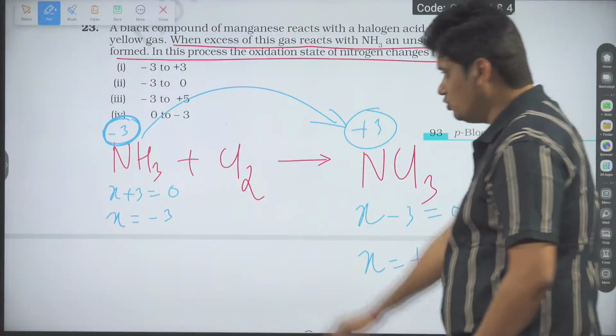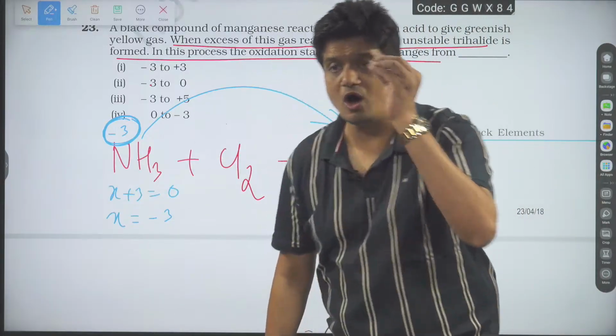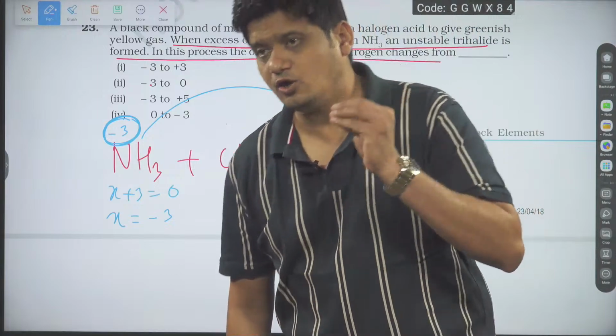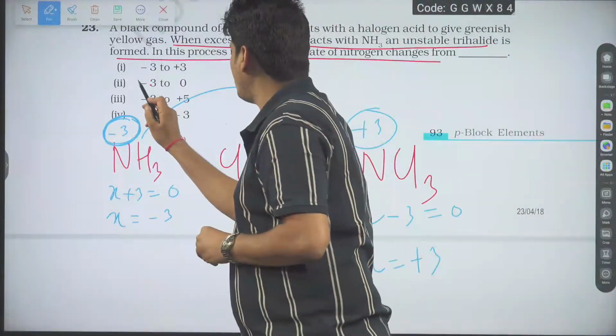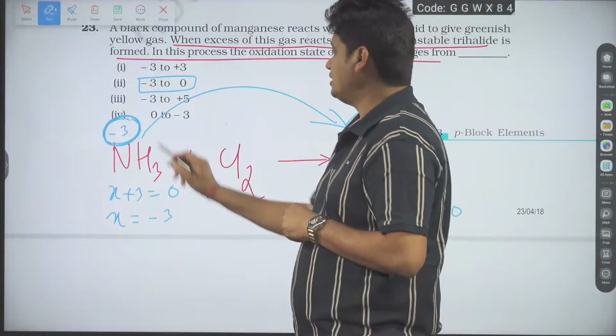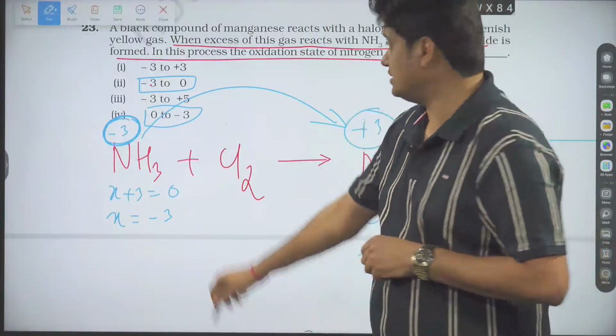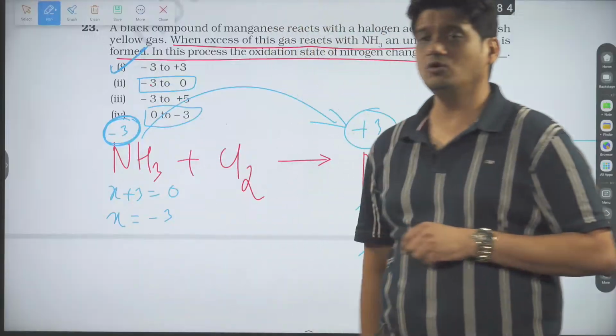And to check your concept, they gave this option also, minus 3 to 0. And to create confusion, they are giving one more option, 0 to minus 3. But actual answer is minus 3 to plus 3.